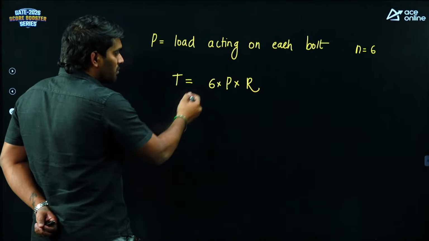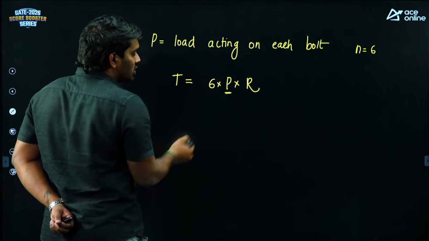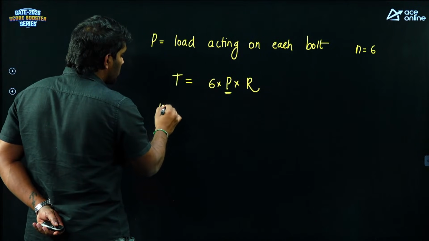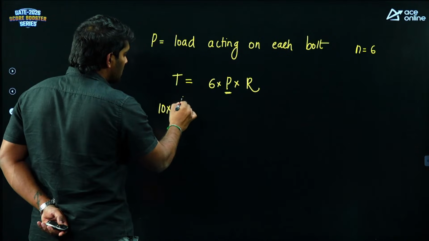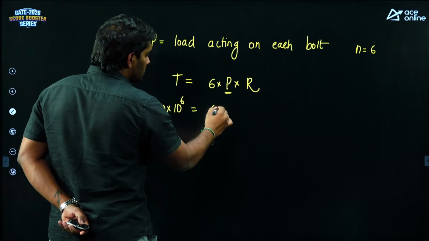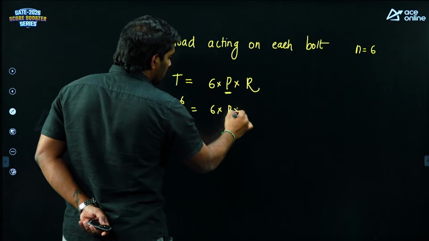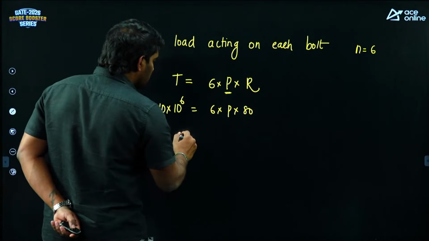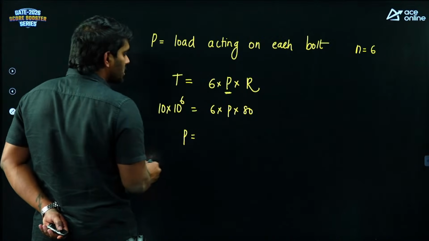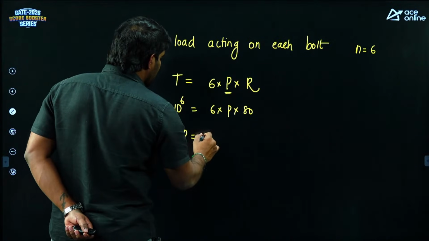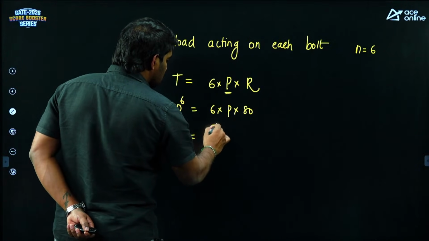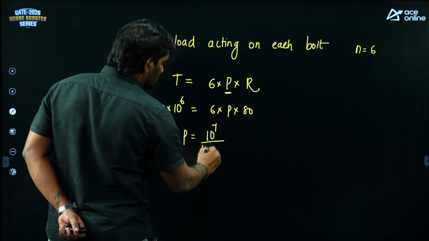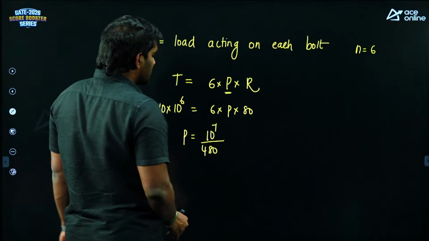Now from here I need to identify the load acting on each bolt. 10 into 10 power 6 is equal to 6 into P into 80. From here we'll get the value of P. So P is equal to 10 power 7 divided by 6 times 8, which is 480. Let's keep this as it is.